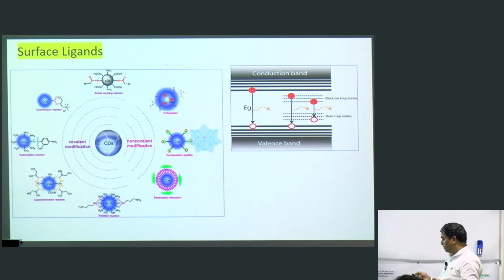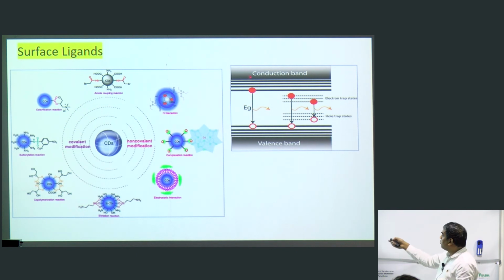And not only that, as Professor Patra said, because of this you can have a lot of trap states. Whenever some excitation happens, we have a very nice electron-hole pair and it can form the exciton. But what could happen? Because of the surface ligands, there is some kind of dark state, where the electron after excitation can get trapped, and you do not have any emission.